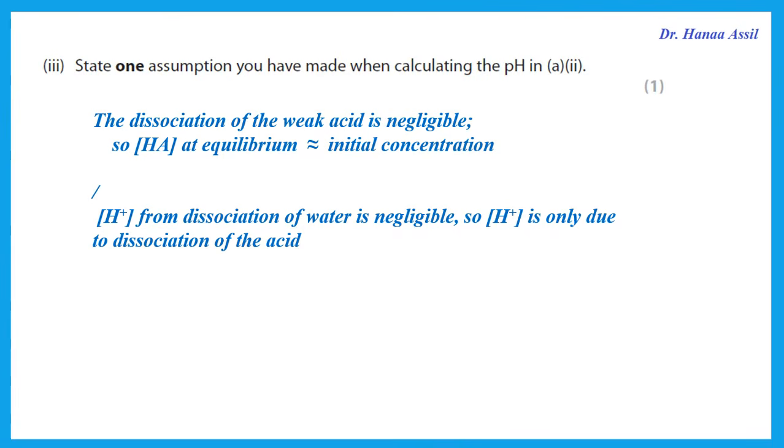And the fact that the concentration of H plus from the dissociation of water is regarded as negligible, so that the concentration of H plus formed is only due to the dissociation of the acid. These are the 2 assumptions made when calculating the pH of a weak acid.